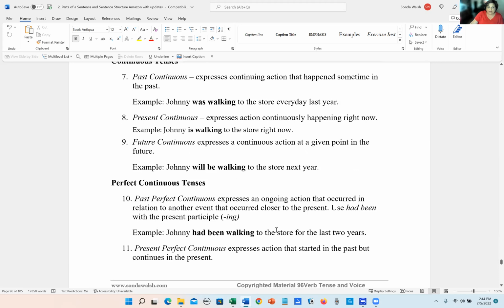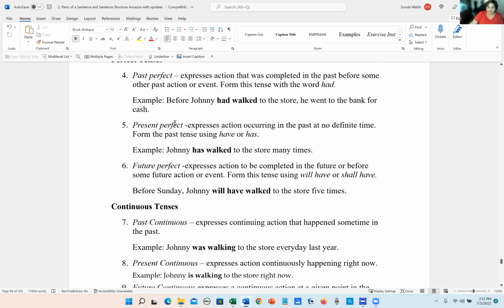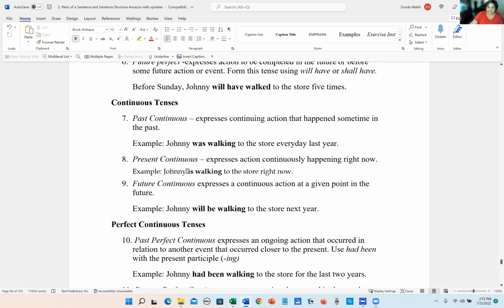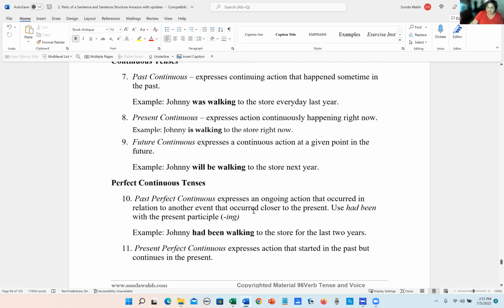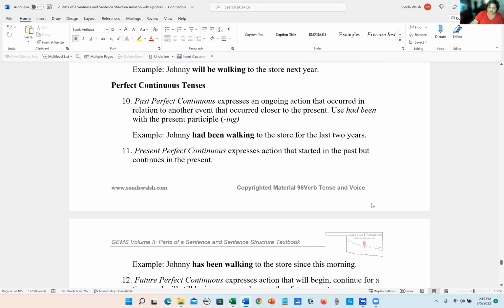And then the last type we have are perfect continuous tenses, and that joins these two, the perfect tenses and the continuous tenses. Past perfect continuous expresses an ongoing action that occurred in relation to another event that occurred closer to the present. So use had been with the present participle ing. For example, Johnny had been walking to the store for the last 2 years. Present perfect continuous expresses action that started in the past but continues in the present.